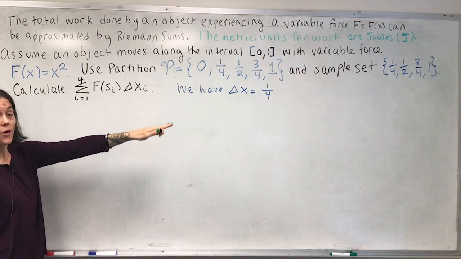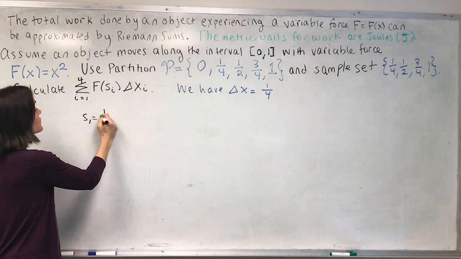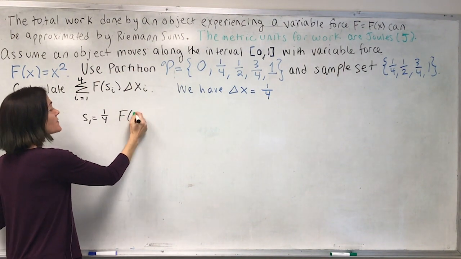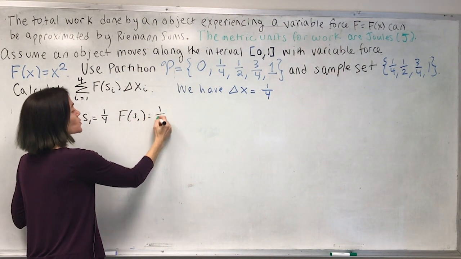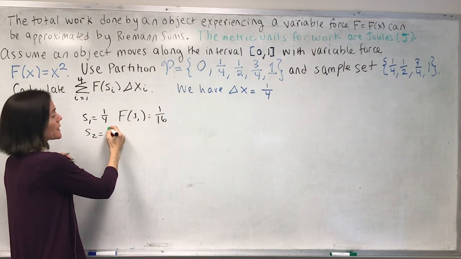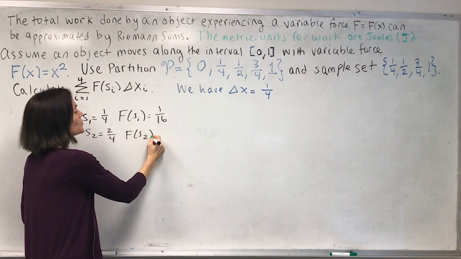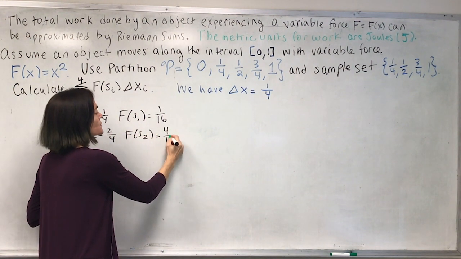So we are told the points to use. We have S1 is a fourth, and when we take f of S1, this is a fourth squared. We have S2 is, I'm going to write it as 2/4. F of S2 is 2/4 squared.